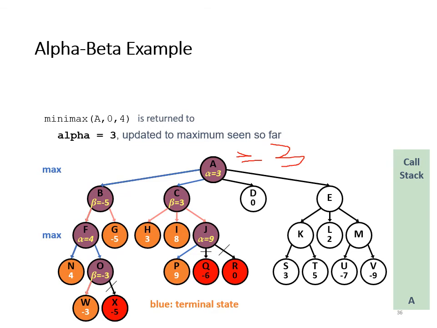So the value of A's alpha also depends on D, but these values will be less than 3. So the impact of D will not be here, and we will not explore it.